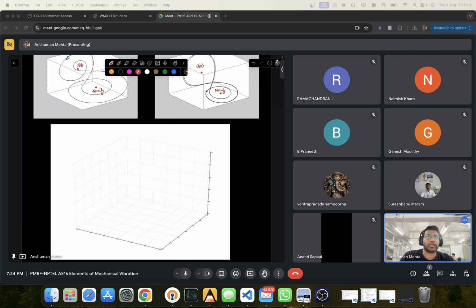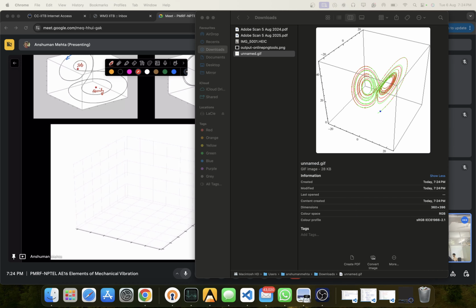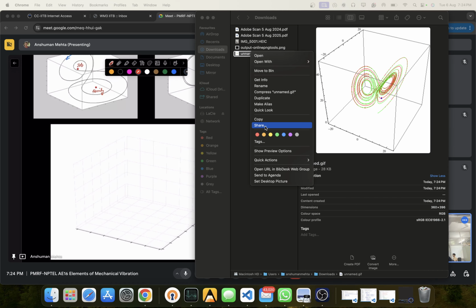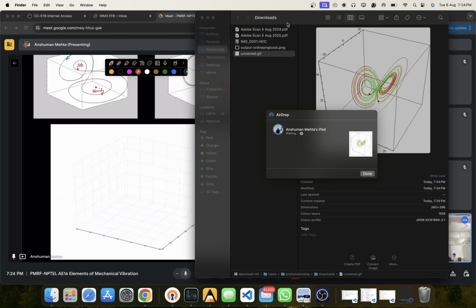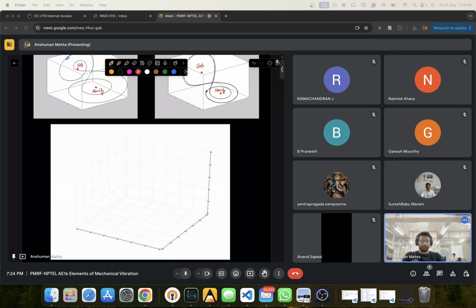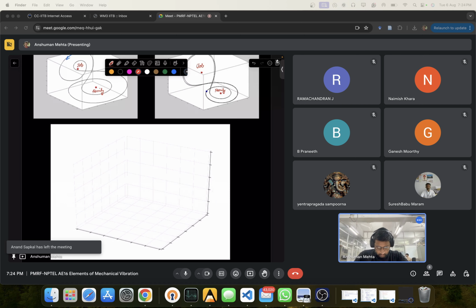GIF image. I got this. Save images. Okay, can you see this?